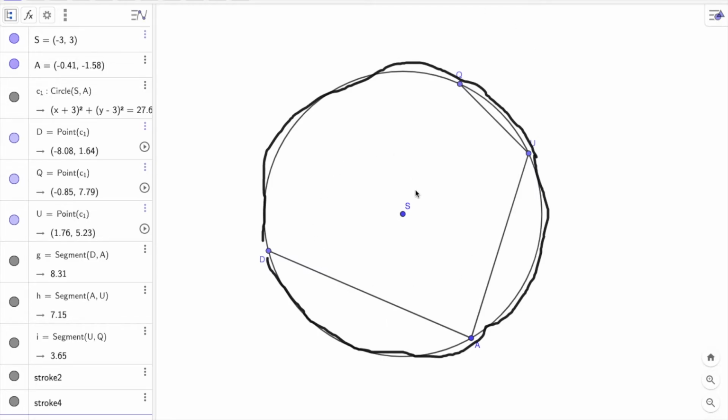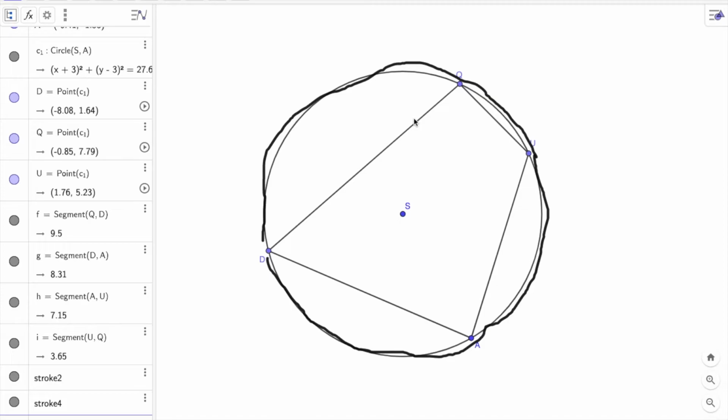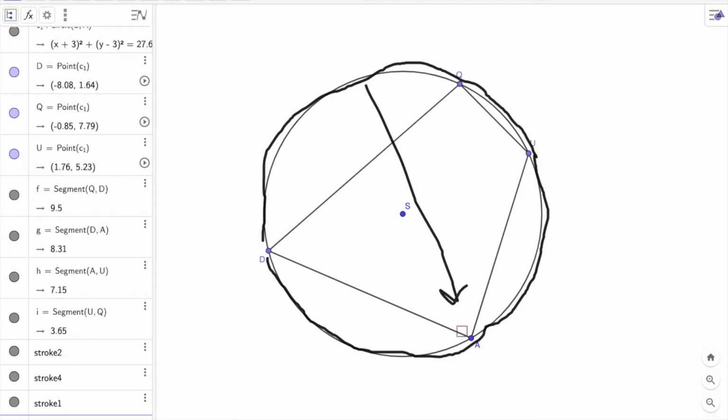Well, if we have a pair of arcs that together make the entire circle, then we're actually in great shape because we know that a circle is 360 degrees. And if the circle is 360 degrees, remember what we just said. If I was to take this arc and divide it by 2, I'd get this angle right here.